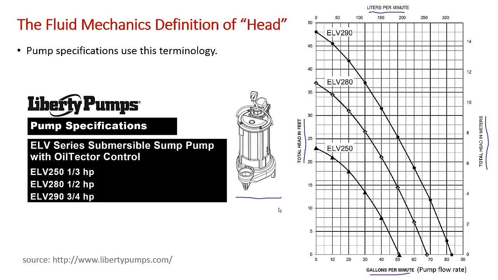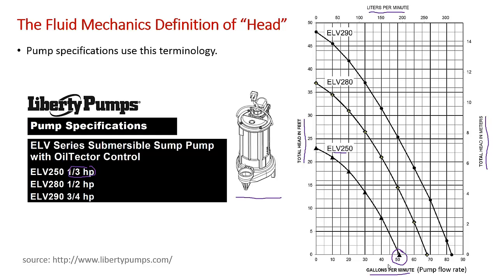And so it's kind of interesting if you look at this. What this is telling you is if this pump were pumping through a horizontal pipe, so no change in elevation, if it was a short horizontal pipe, the smallest pump, this 1/3 horsepower pump here, would pump about, in a short horizontal pipe, full out, about 50 gallons a minute.